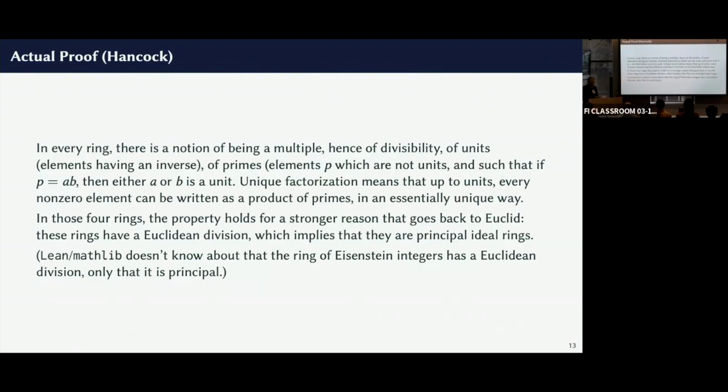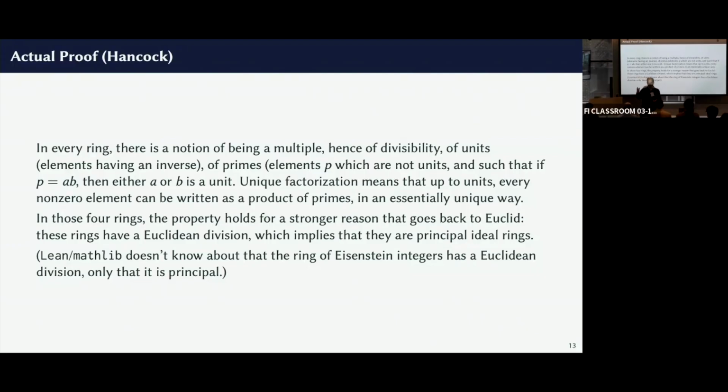What I want to say mathematically is that these 4 rings have unique factorization for a reason: they are principal ideal domains, and for the reason that they are Euclidean rings. That means they have a Euclidean division. For integers, the Euclidean division has been defined by Euclid.